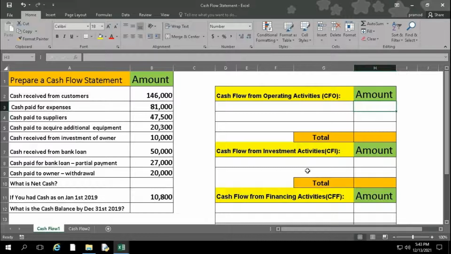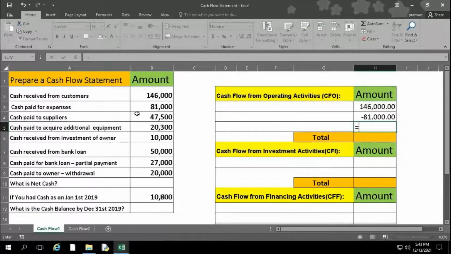Your investment activities will come under CFI. Financial part will come under CFF. In the last class we told you about this. Cash received we take in CFO. Cash paid for expenses is CFO, that will be minus.